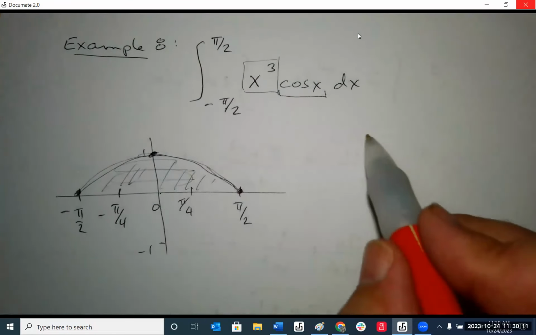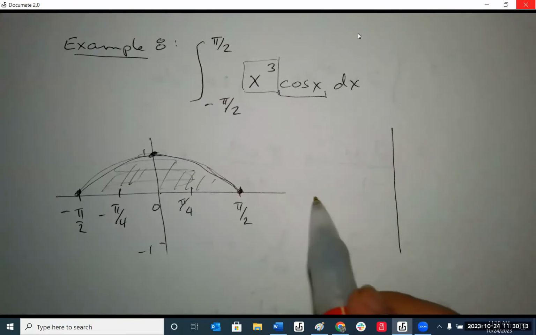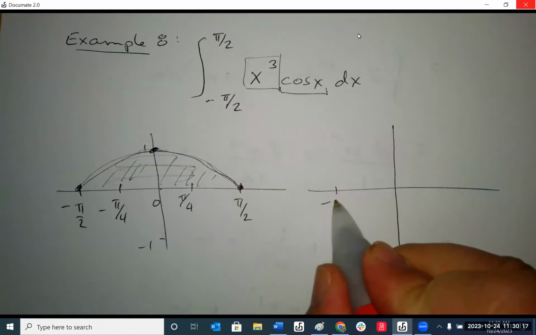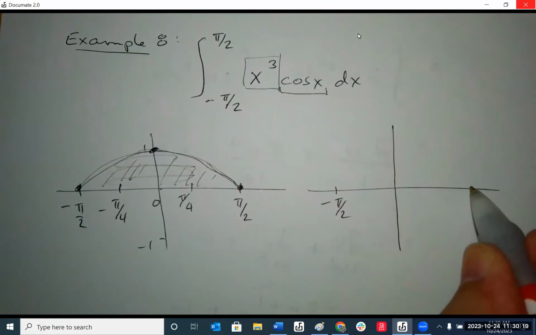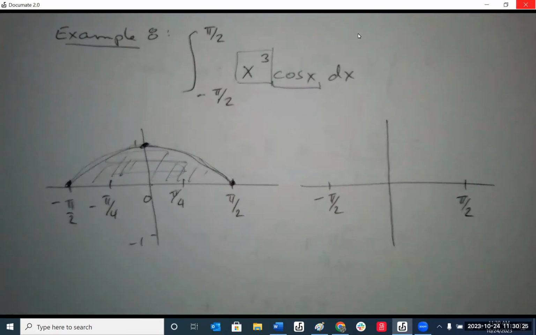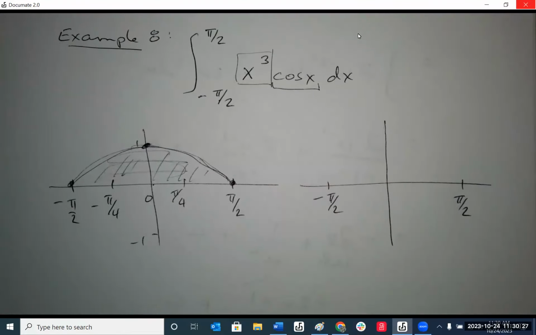But how about x cubed? What does the cube function look like? Right, it looks like this.